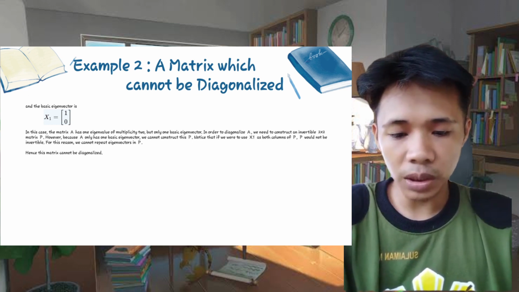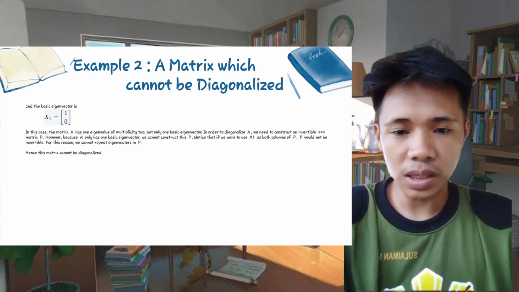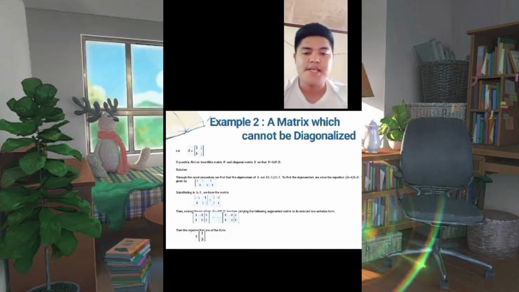For this reason, we cannot repeat eigenvectors in P. Hence, this matrix cannot be diagonalized.